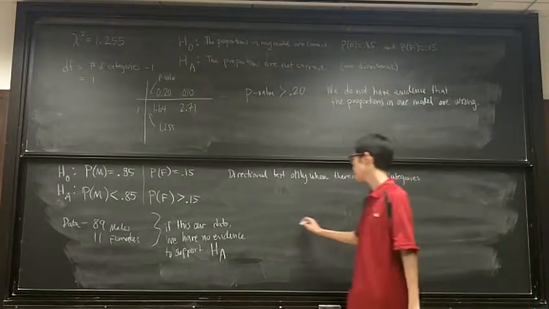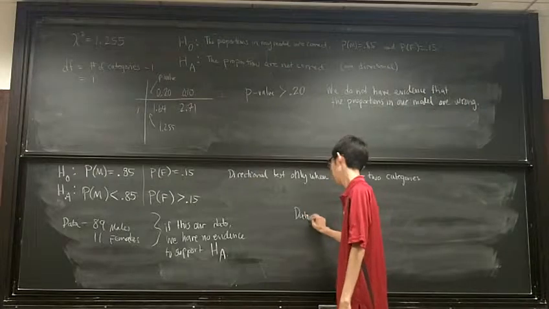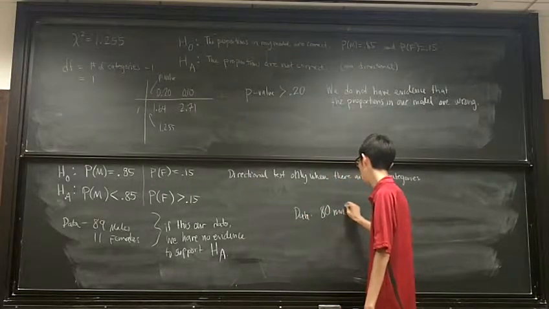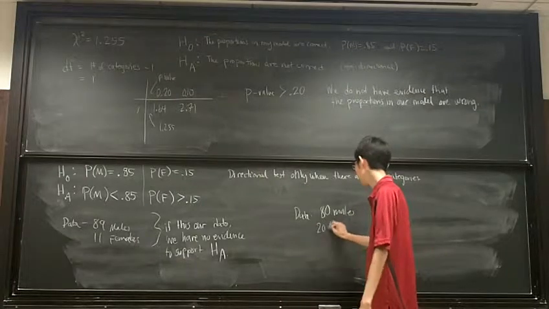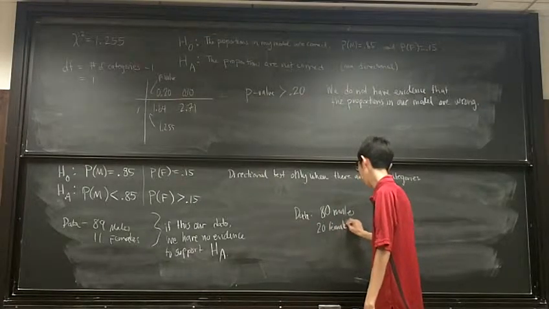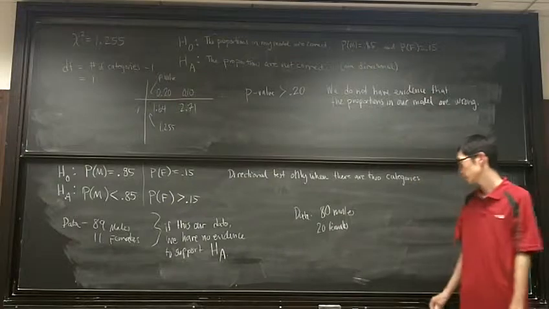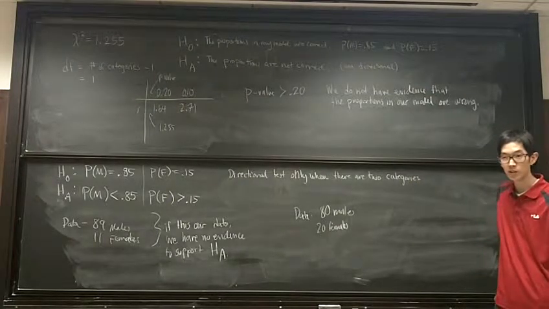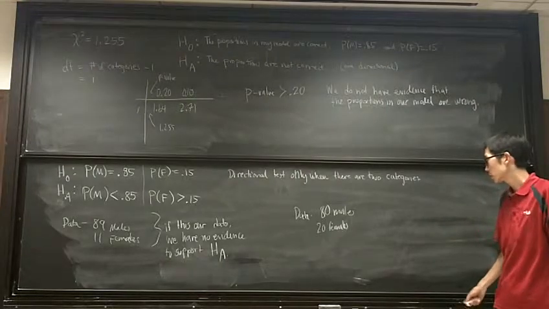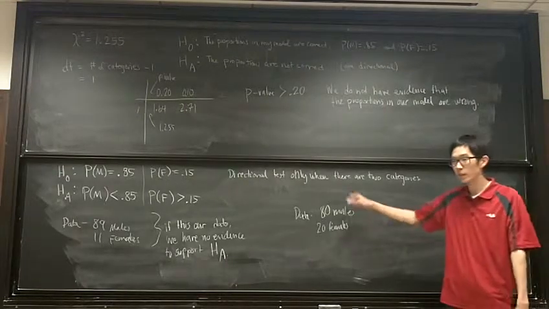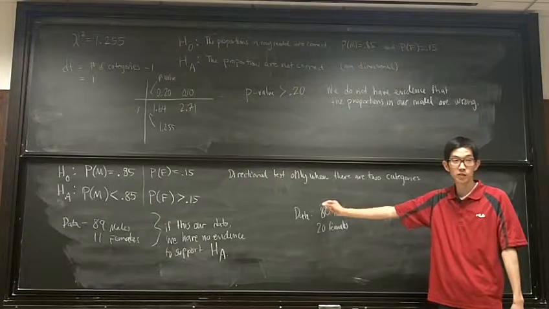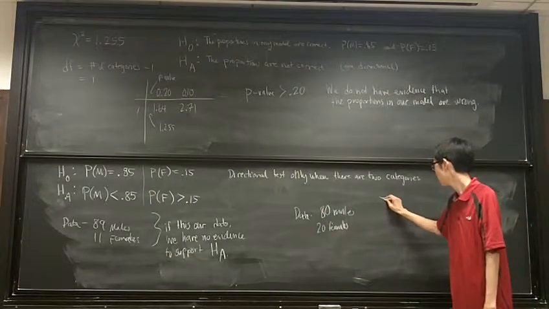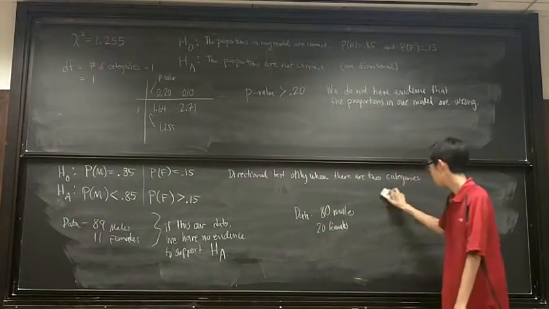On the other hand, if we went out and collected data and we got 80 males and 20 females, then yes, now we possibly have data to support the alternative. So this lines up with the directionality of our alternative, and now we have to go through the test, and we do our chi-squared statistic.